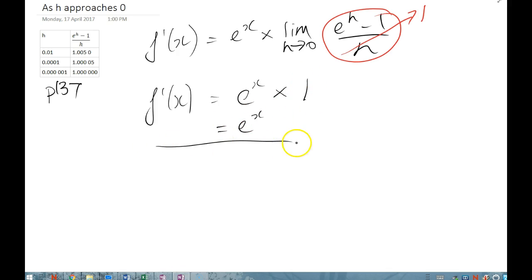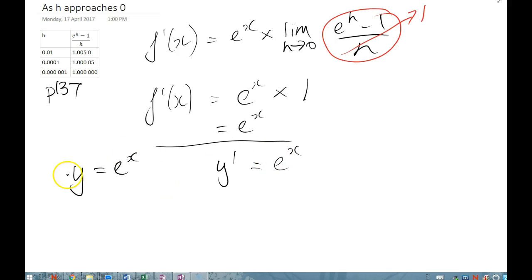Now, this is kind of cool because our initial equation was y equals e to the x, and when we find y dash, that is also e to the x. This is one of the only equations where you differentiate it and you end up with the same function you started with. That's why exponential functions are quite unique.